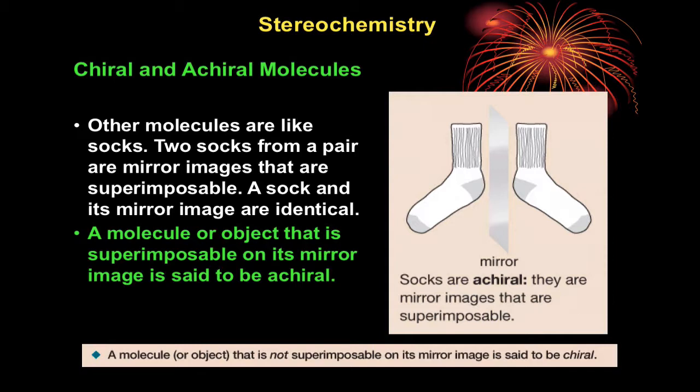It's perfectly superimposable. So if a molecule and its mirror image are superimposable on one another, it is achiral. If a molecule and its mirror image are non-superimposable, they are chiral. So our hands are chiral. Our feet are chiral. Okay?